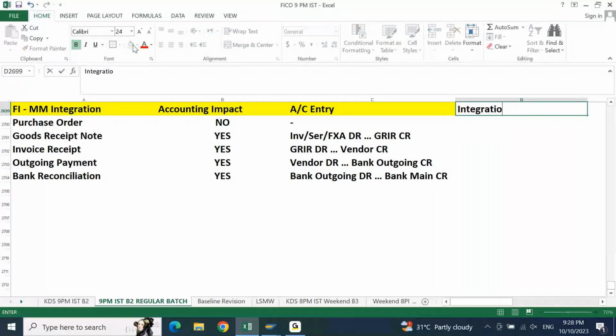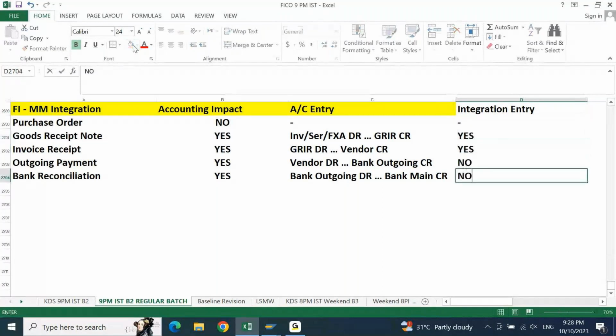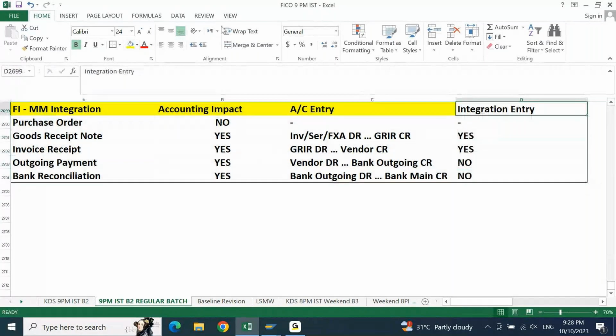Next one, integration entry. This is blank, this is yes, this is yes, this is no, this is no. These points you need to understand first.